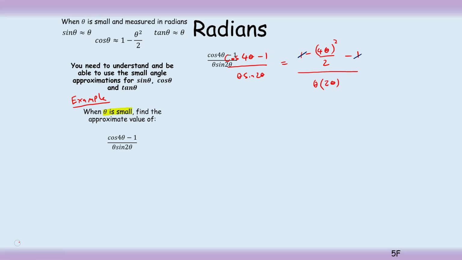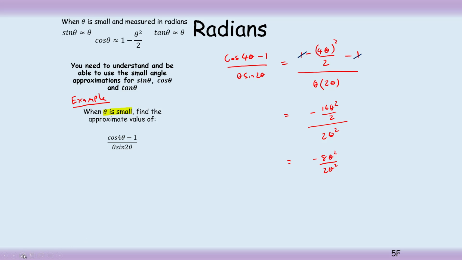Let's change that back to red. So that's going to be equal to minus, if I square that, I get 16 theta squared divided by 2, and that's all over 2 theta squared, which is equal to 16 divided by 2 is 8, so it would be minus 8 theta squared divided by 2 theta squared.